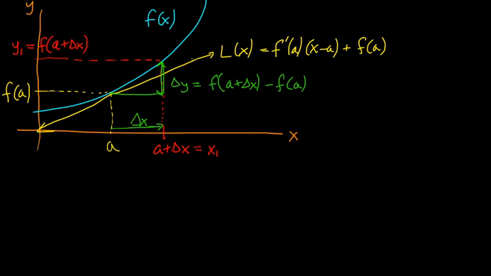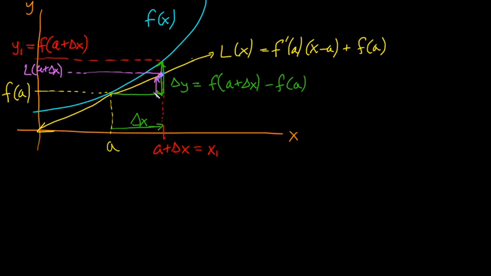My approximate change in y is what you get when, I'm using the wrong color here, let's use purple. If I use this as my y-coordinate, which is L evaluated at x1, or a plus delta x, you can see that's the approximate y value.